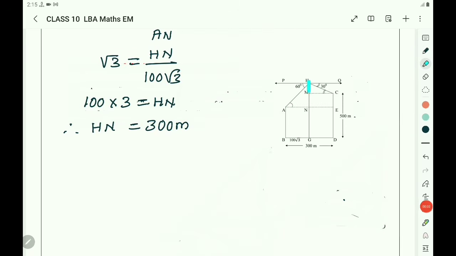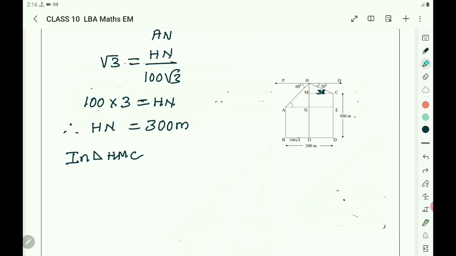Next, find out HM by using the right angle triangle HMC. Then you write, in the right angle triangle HMC, this is 30 degree, and the trigonometric ratio with HM and CM. HM is the opposite side and CM is the adjacent side.